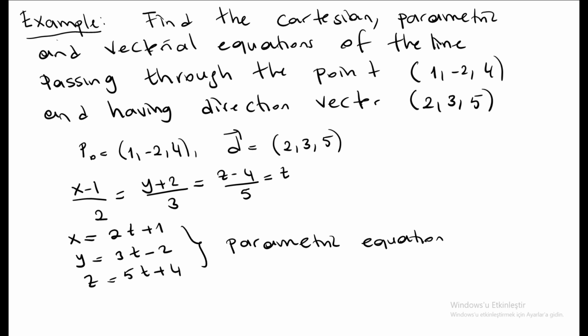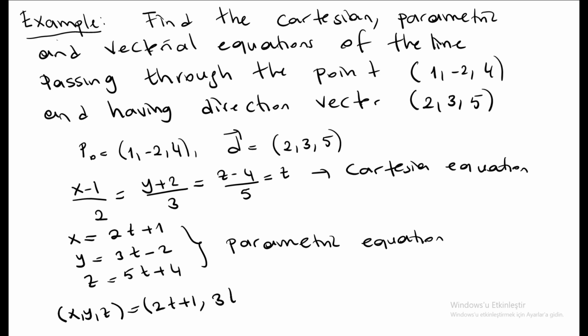If you write (x, y, z) as (2t plus 1, 3t minus 2, 5t plus 4), this is the vectorial equation.